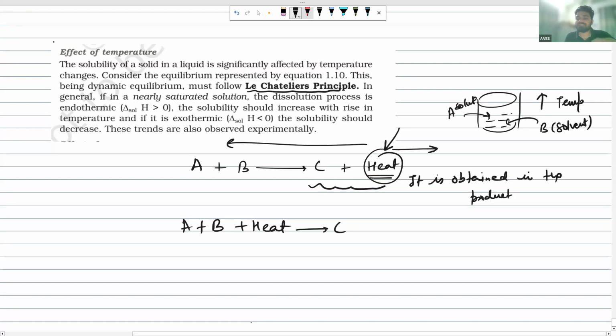For example, if you dissolve gas, you can check: in India there are soda sellers on the streets, in Hindi we say thela.